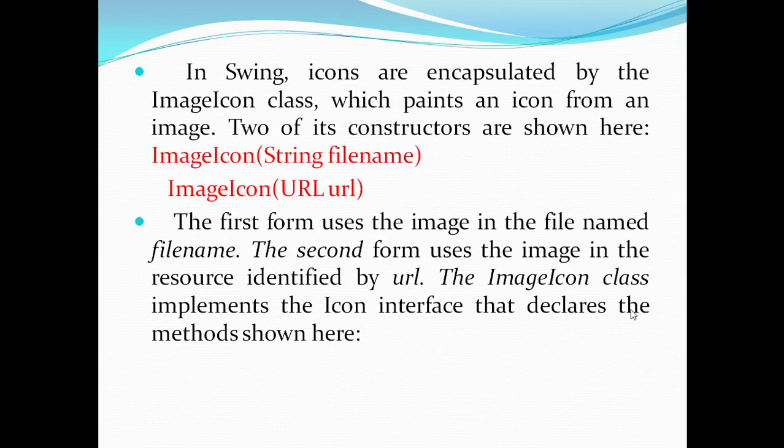The first form uses the image in the file named filename. We are directly passing the image name or file name. The second form uses the image in the resource identified by URL. We are passing the total path of that URL image.